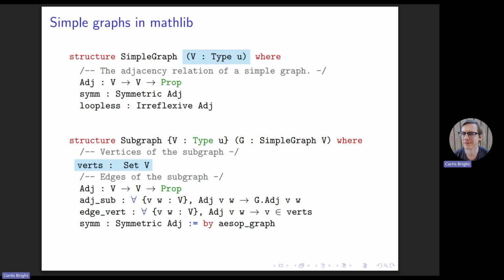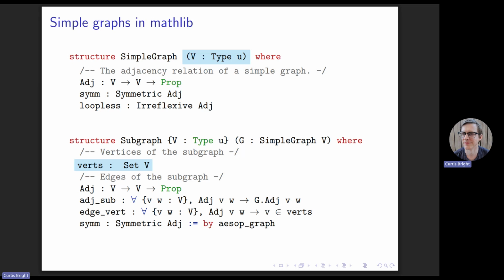So the definition of simple graph and subgraph is here. We have adjacency between terms in V, and this adjacency relation is symmetric and loopless. And then subgraphs are defined on simple graphs, so they take in a simple graph as an argument. We have our carrier set of vertices.